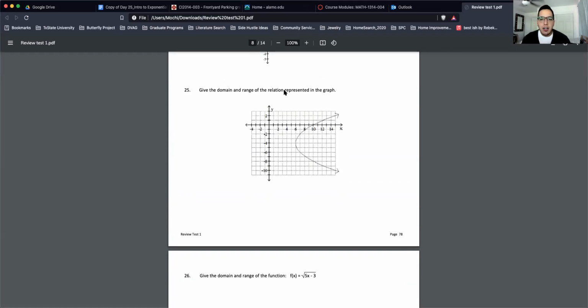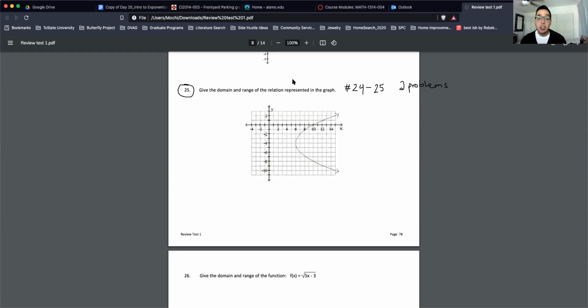So according to Ms. Cottier, for questions number 24 through 25, you're going to have two problems like this on the test. And she just wants us to go over number 25, which says to give the domain and range of the relation represented in the graph. So we're looking at the graph below.